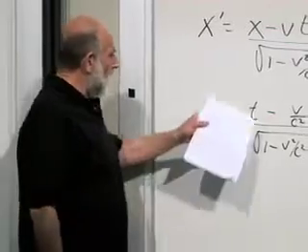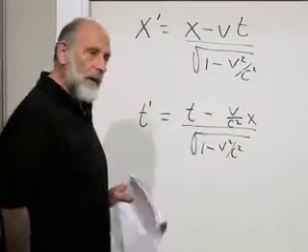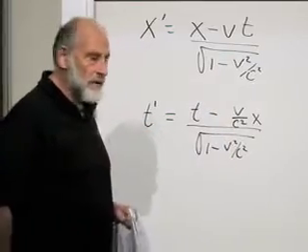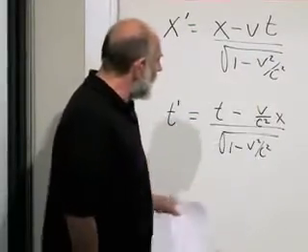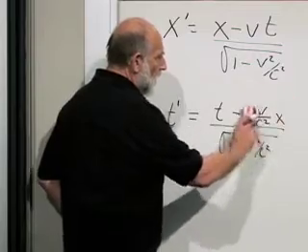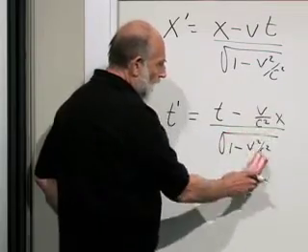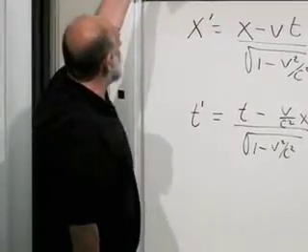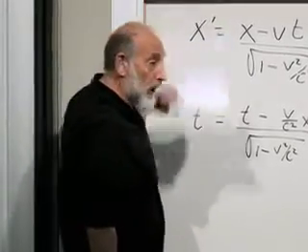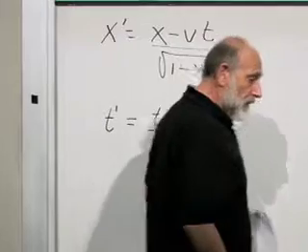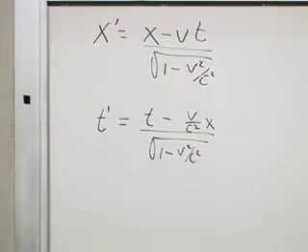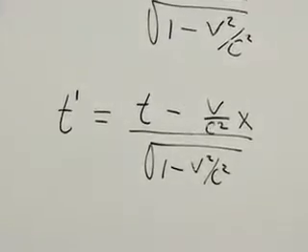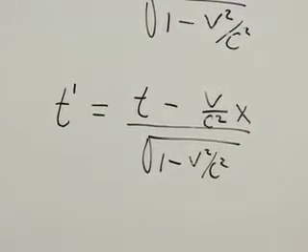Again, if the velocity is small by comparison with the speed of light, so that v over c is a very small number, then you can ignore this term, and you can ignore the v squared over c squared in the denominator, and it just reproduces t equals t prime. All right, but this is the correct formula, and it differs significantly from the Galilean formula when the velocities get up near the speed of light.